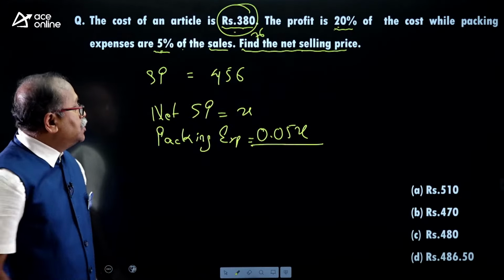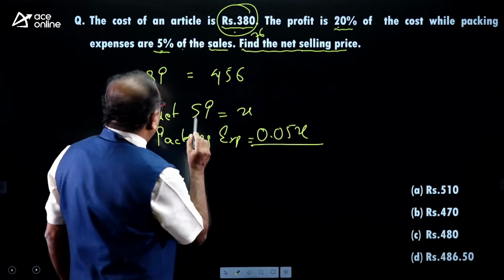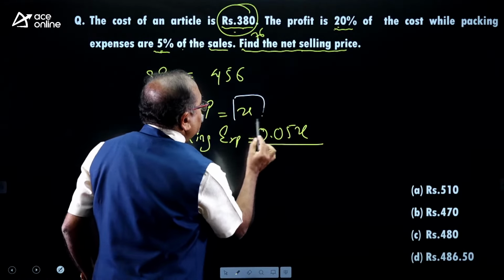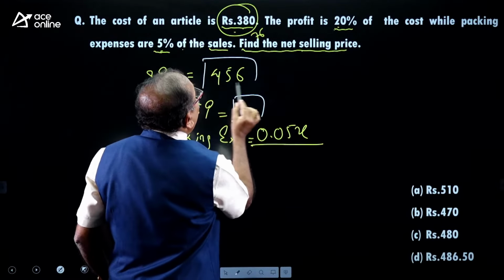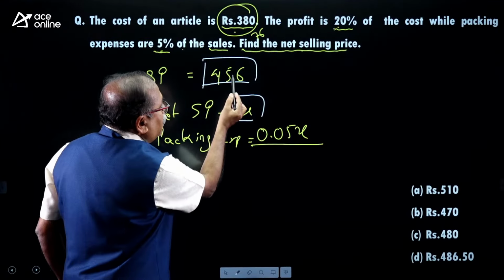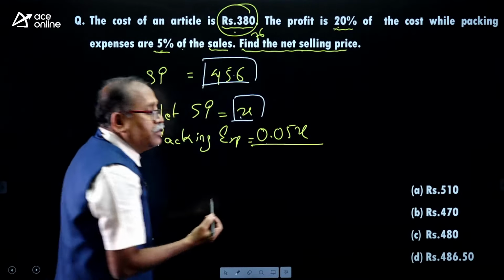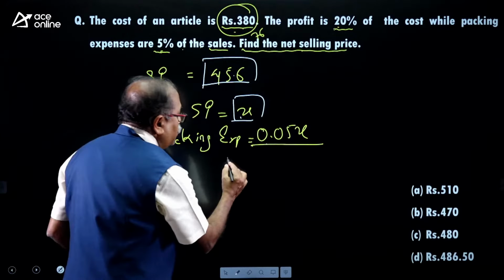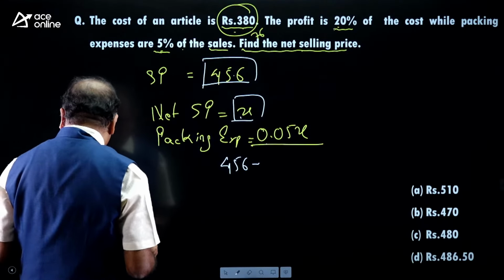Right, my dear friends? So now it is given to us that this is the net SP, and this is the actual SP. So x minus 456 is equal to the packing expenses.